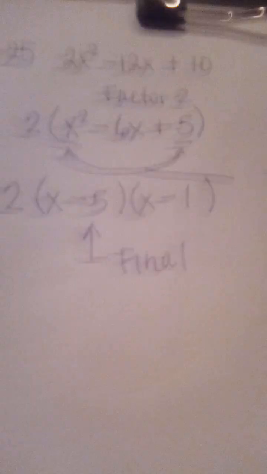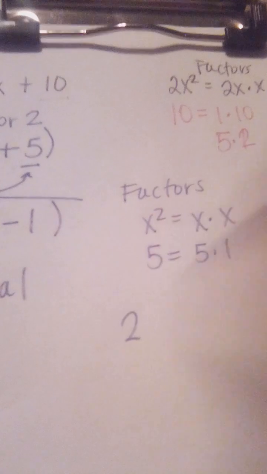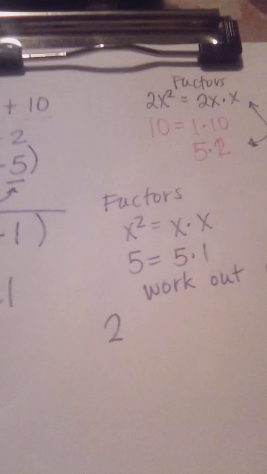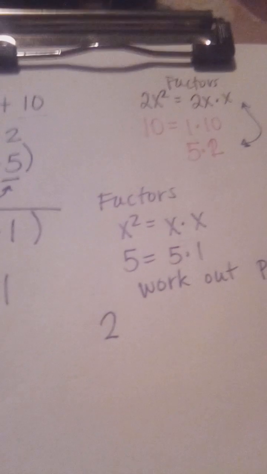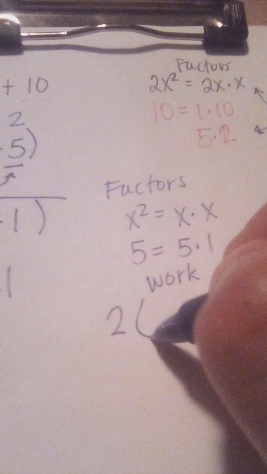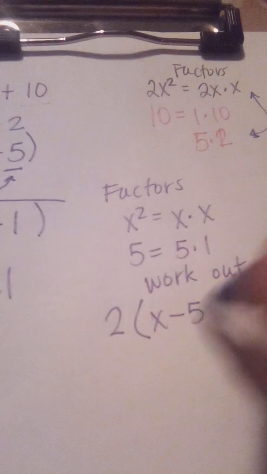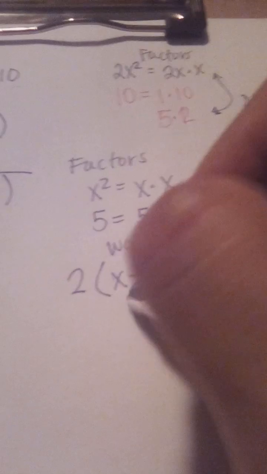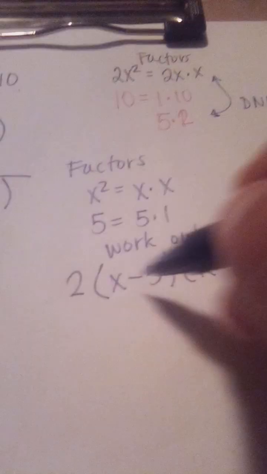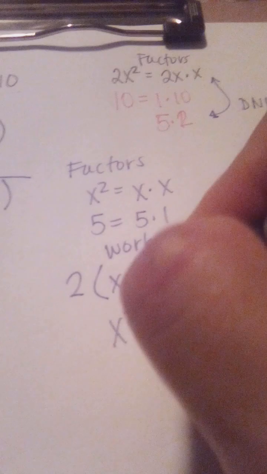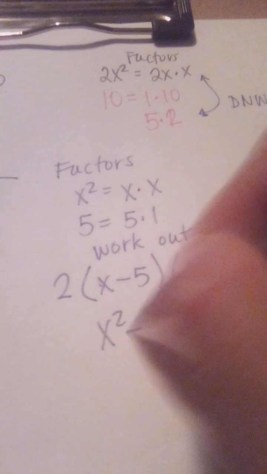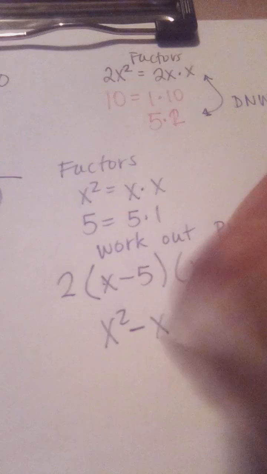I'm going to work it out. Okay? Work out the problem. I'm going to do the factors. x times x is x squared. x times a negative 1 is negative x.